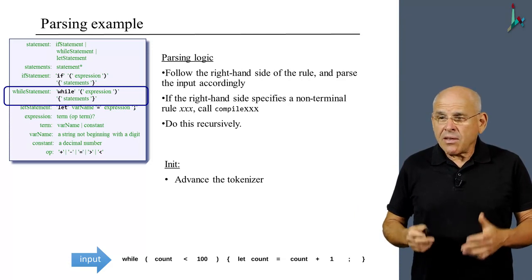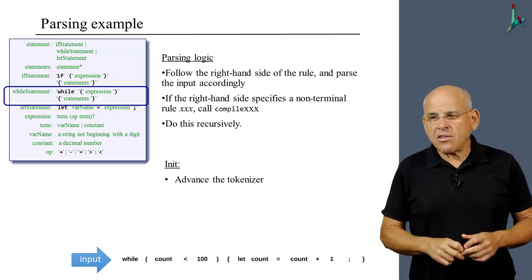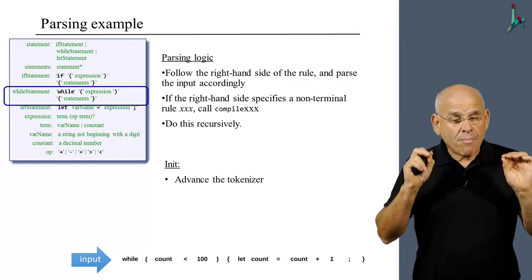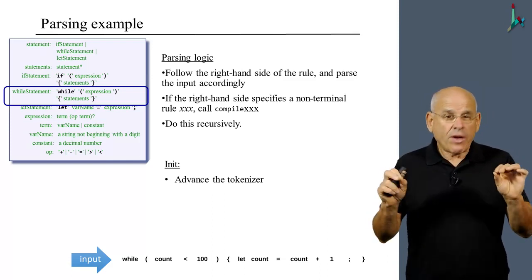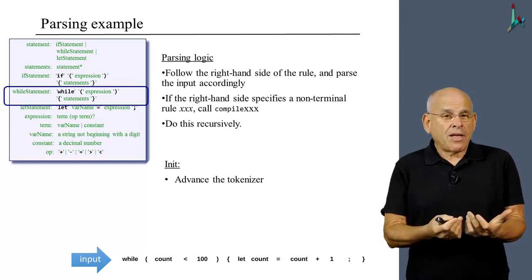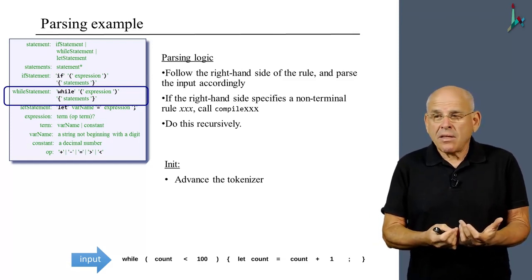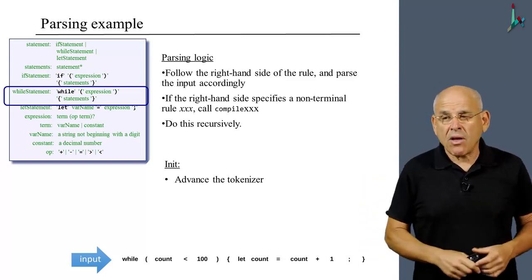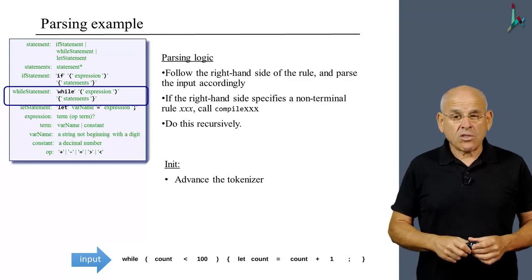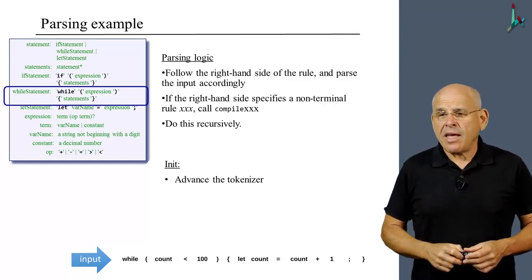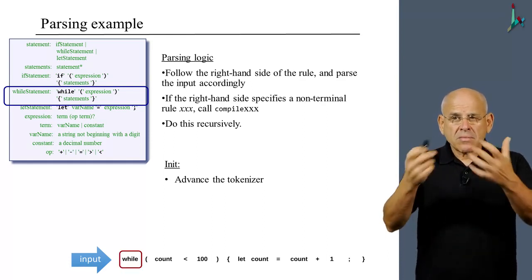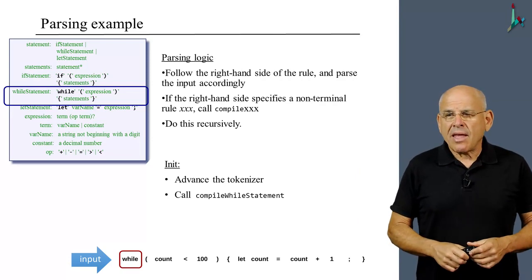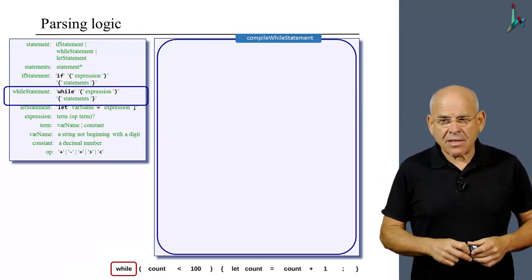So how do we get started? Well, we have to advance the tokenizer. And I wish to remind you that the input is tokenized. So I have a tokenizer at my disposal that I can exploit. I can tell the tokenizer to advance. I can ask questions about what the current token is, and so on and so forth. So I advance the tokenizer, and since the first token is while, I know that I can call the compile while statement and let the parsing begin.